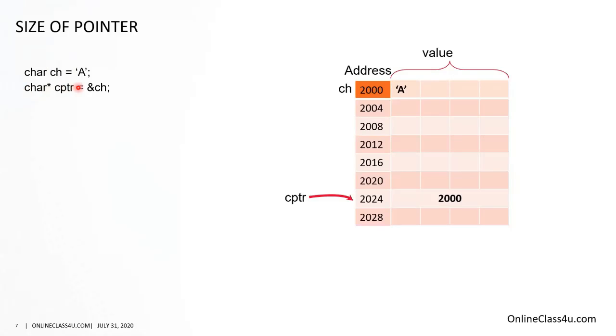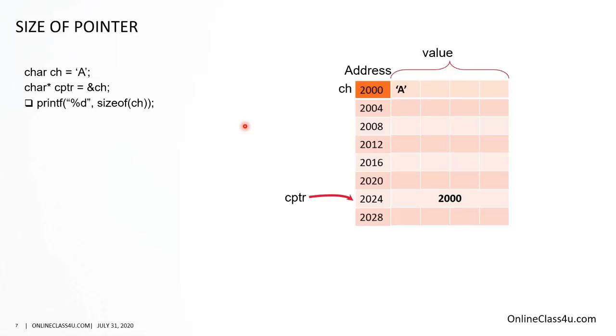To define a character pointer, we write char *cptr = &ch. That means the memory location of the variable ch will be assigned to the character pointer. The character pointer itself has memory location 2024, and it is holding 2000, which is &ch, and ch is holding the character 'a'.